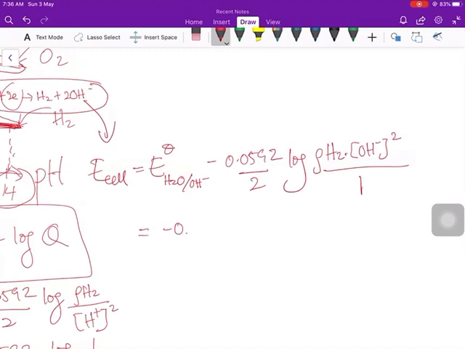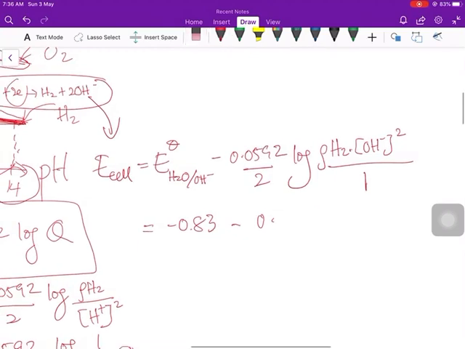So you will end up with negative 0.83 volt and 0.0592, divided by 2, you will get 0.0296.